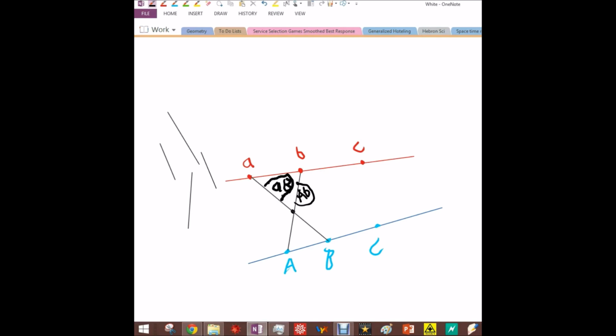But anyway, these two lines meet, so we can come up with some notation for the description of where these two lines meet. And we'll use the notation little a big B, big A little b. So it's very simple.